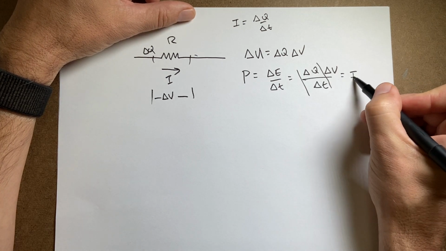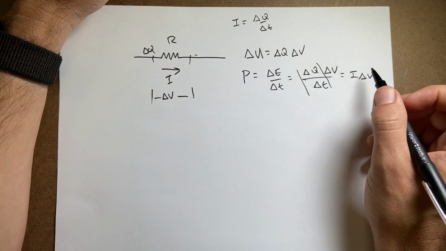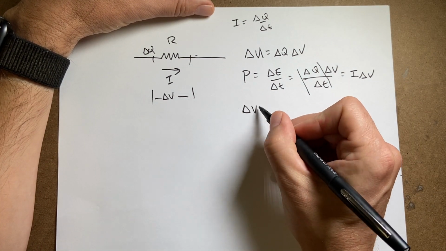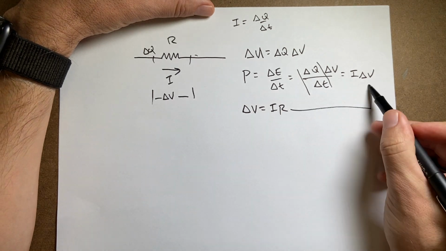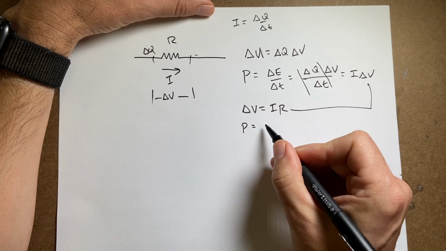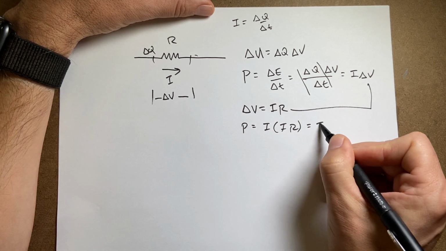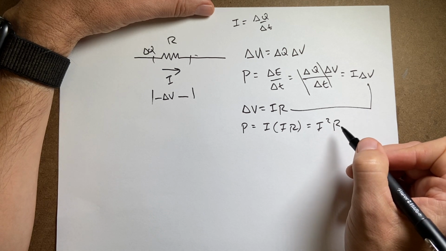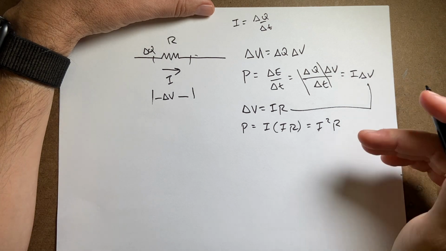So I get I delta V. That is the power. Now, what if I don't know the potential? Well, Ohm's law says delta V is IR. So if I put this in right here, I get power equals I times IR, which is I squared R. Yeah, that's right. I did that right.